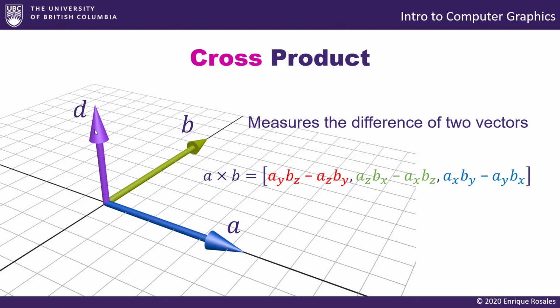Something that is also super important is that the cross product follows a right-hand rule. Right-hand rule means that if I take A cross B, and imagine that the fingers of your hand are first pointing through A and then rotating through B, your thumb will be pointing to D. If I do exactly the opposite, B cross A, the vector will be opposite, so it will be pointing down.